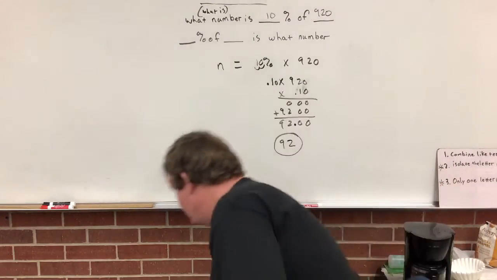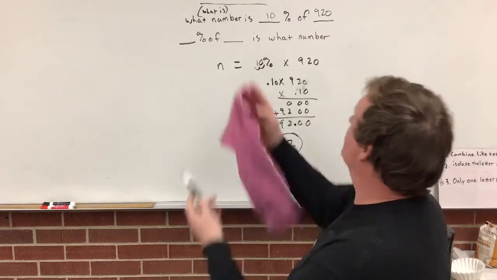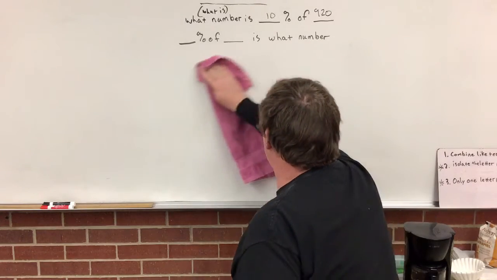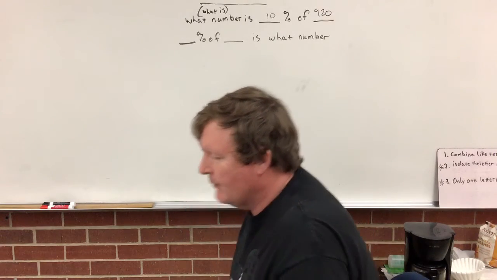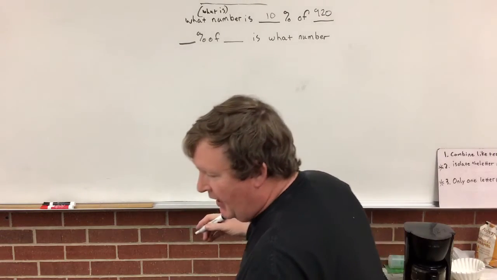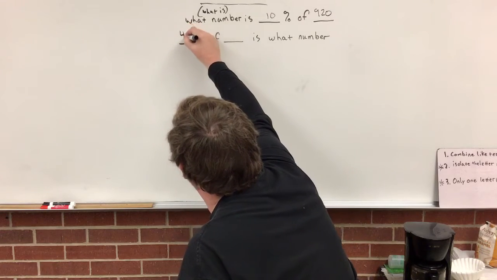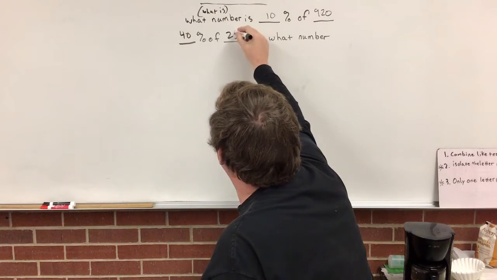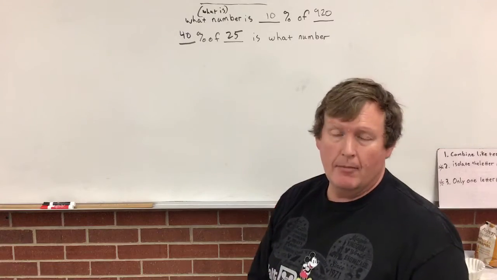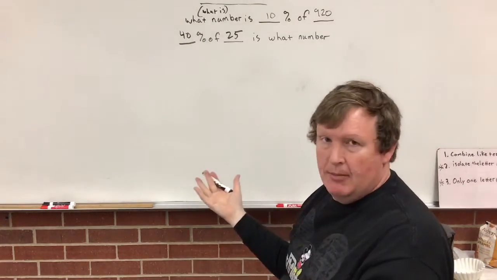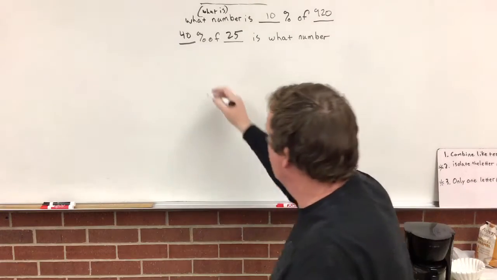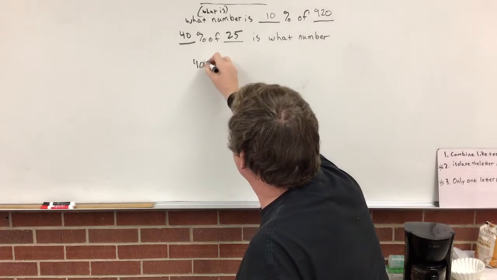Okay? If we do one that uses the other wordage, let's use one of those. Number 5. It says 40% of 25 is what number? Once again, break down the words and make them into symbols so that we can make a number sentence out of it. 40%.